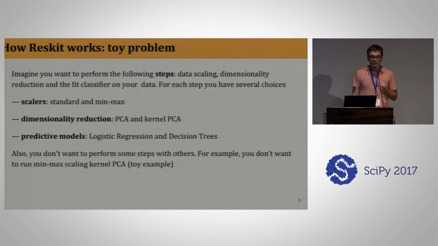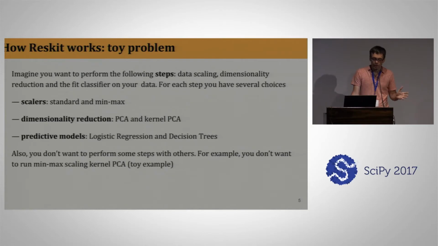So let's define a toy problem to illustrate how Reskit works. Imagine you want to perform the following steps. You have three steps. The first step is data scaling. The second step is dimensionality reduction, and for the third step, you want to fit a predictive model on the transformed data. You have several choices for each step. For scaling, you are doing standard scaling and min-max scaling.